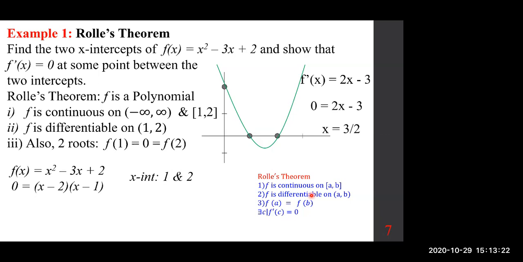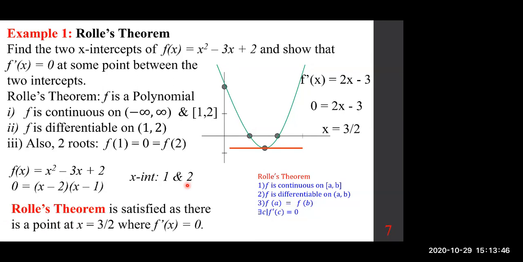Very straightforward, class. As you can see, 3/2 or 1.5 is somewhere in between a and b, namely 1 and 2. Rolle's theorem is satisfied as there is a point at x equals 3/2 where f prime equals 0. I hope everybody's following what happened.